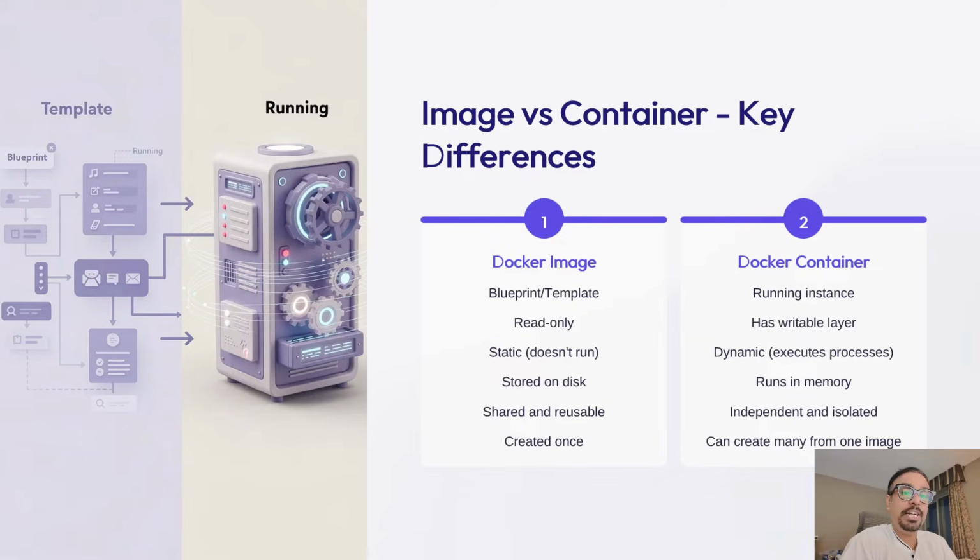So each window is independent. Closing one doesn't affect the other. This image container relationship is the heart of Docker architecture, where you consider images as a blueprint, and based on that blueprint, you can create multiple containers back to back based on your application requirements. And once you internalize this concept, everything else in Docker makes more sense.